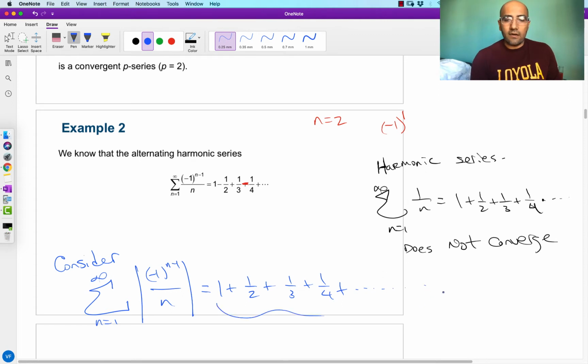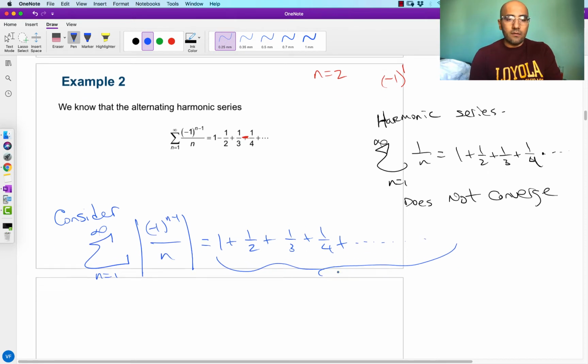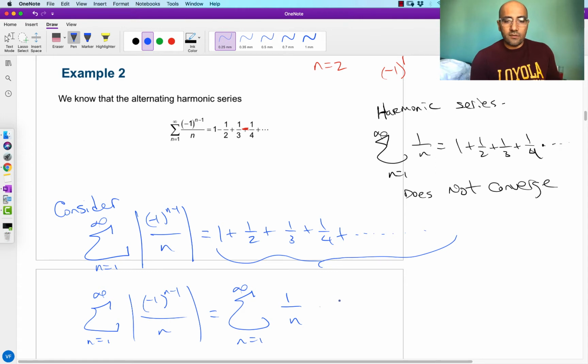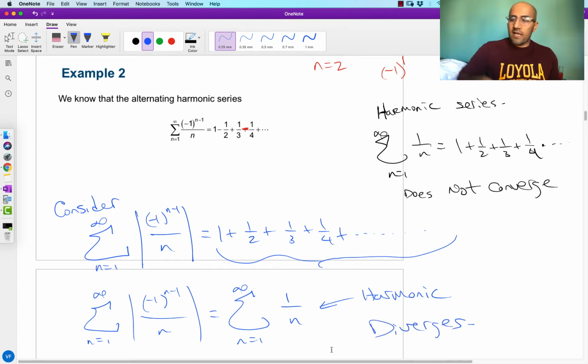And this is exactly the harmonic. If we strip away all the alternating signs, we get the harmonic. So this sum of the absolute values is equal to the sum from 1 to infinity of 1 over n, which is the harmonic, and it diverges. The sum does not converge to a specific amount. It just keeps growing out of control.